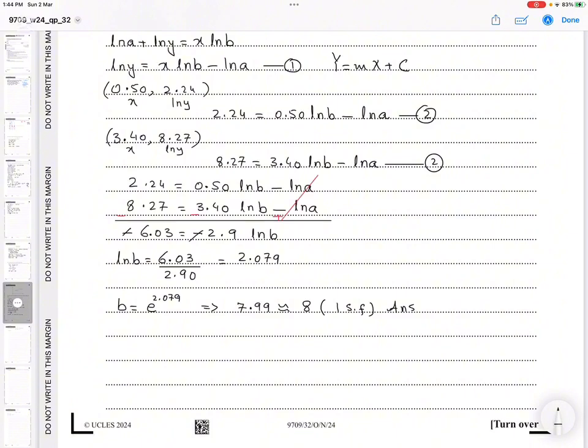Okay, for a, you again place the values in the equation. 2.24 equals 0.50 ln b.